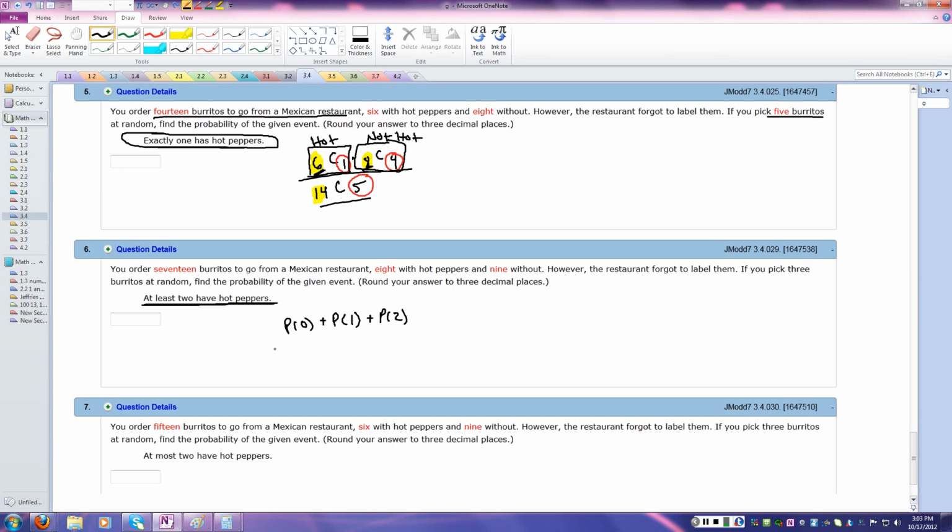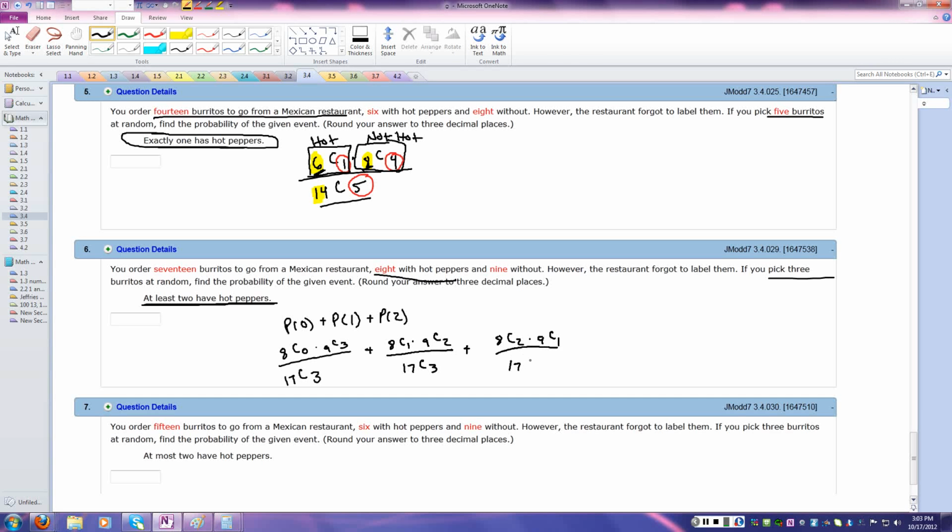I have 8 with hot peppers, so you could do 8 choose 0 over 17 choose 3, since you're picking 3, times 9 choose 3, right? Plus 8 choose 1 times 9 choose 2 over 17 choose 3, plus 8 choose 2 times 9 choose 1 over 17 choose 3.